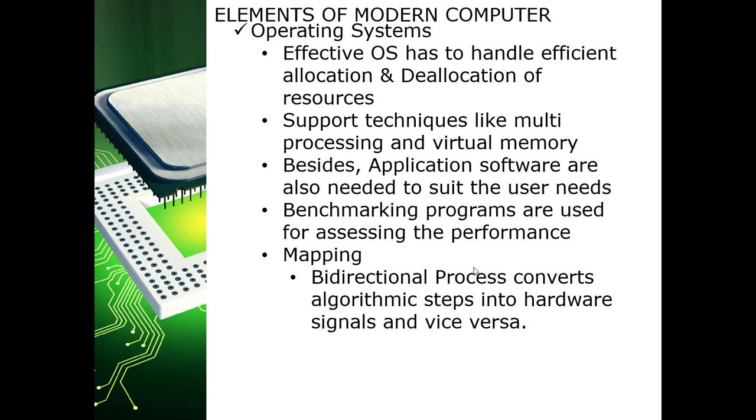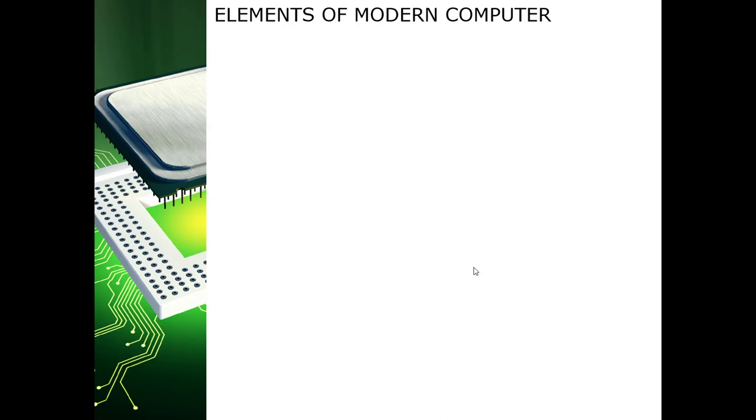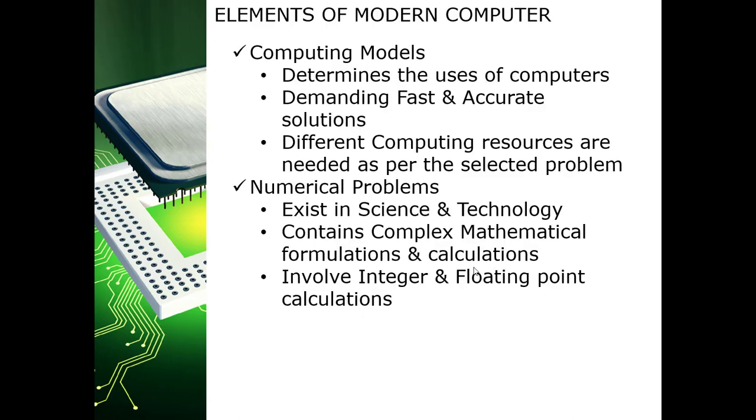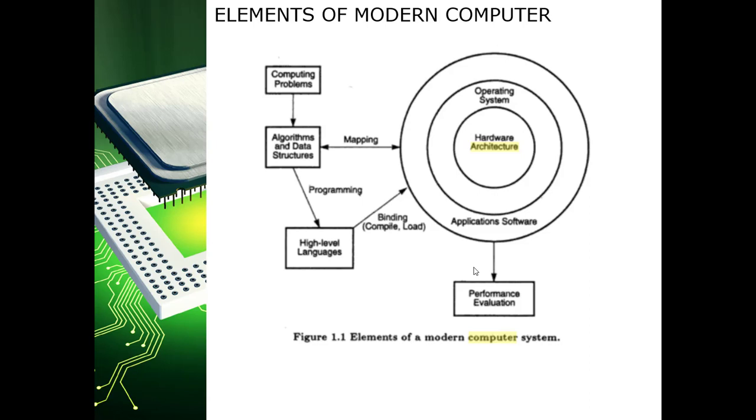Here I would like to show where the mapping process exists. So we have to go back to the diagram. There you can see where mapping exists. The mapping exists between the algorithm and data structures and the hardware resources.